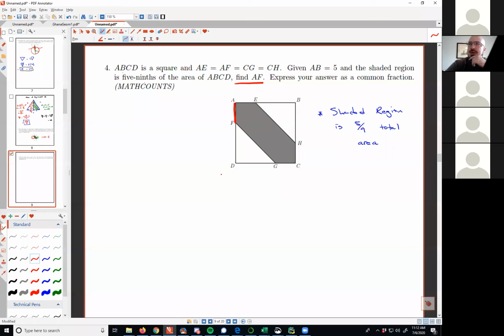So someone has a suggestion that is close to what we need to do, but not quite. You can find the area of the shaded portion and take the square root of it to get the side length. He's thinking partially correctly.